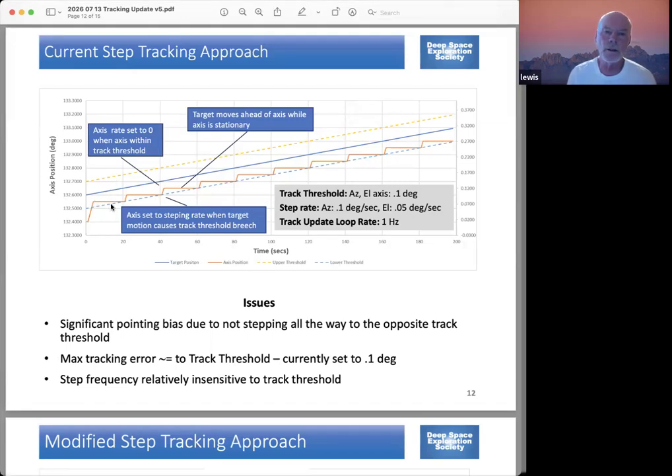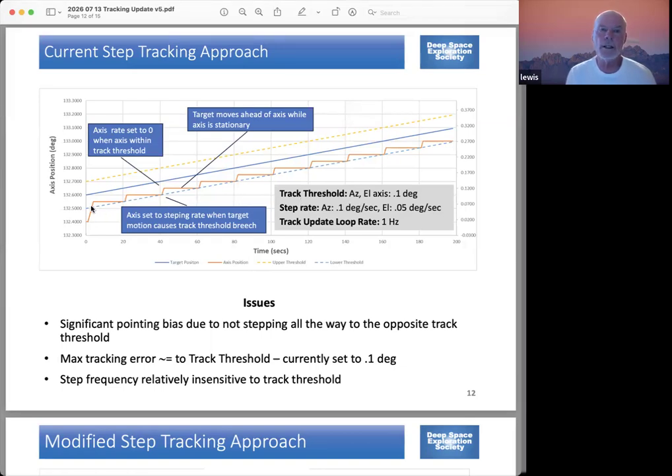On the slew, we start out at a higher slew rate: 0.4 degrees per second for azimuth, and for elevation I believe it's 0.2 degrees per second. But when we get within 1 degree in slewing, we switch the mount rate to the stepping rate, which you can see in this shaded box is 0.1 degree per second for AZ and 0.05 for EL.